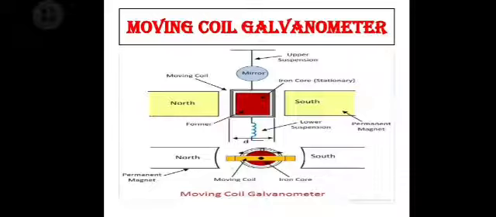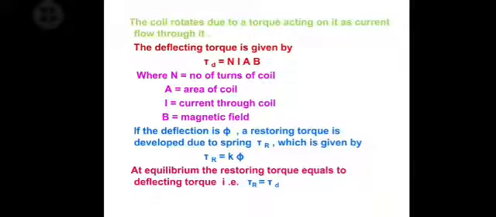Now, how does the torque act, or what is the value of the torque acting on the coil? The coil rotates due to the torque acting on it when current flows through it, as we have stated earlier also. The deflecting torque is given by Td. D is for deflecting torque because it rotates or deflects the coil.